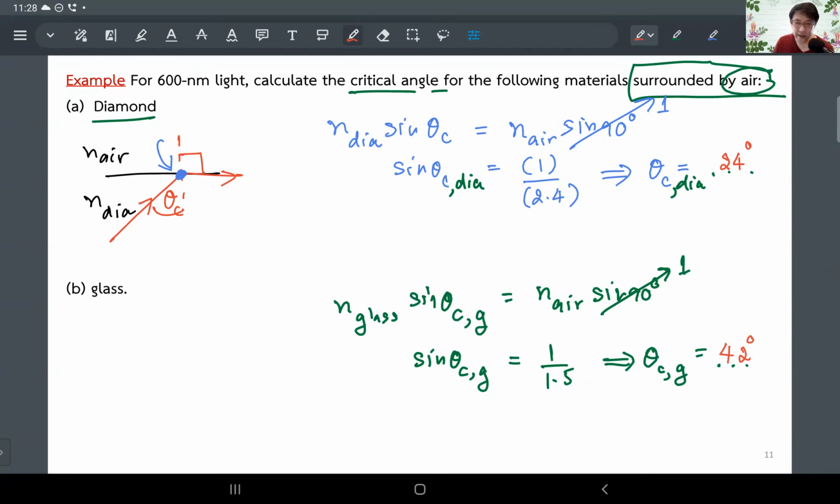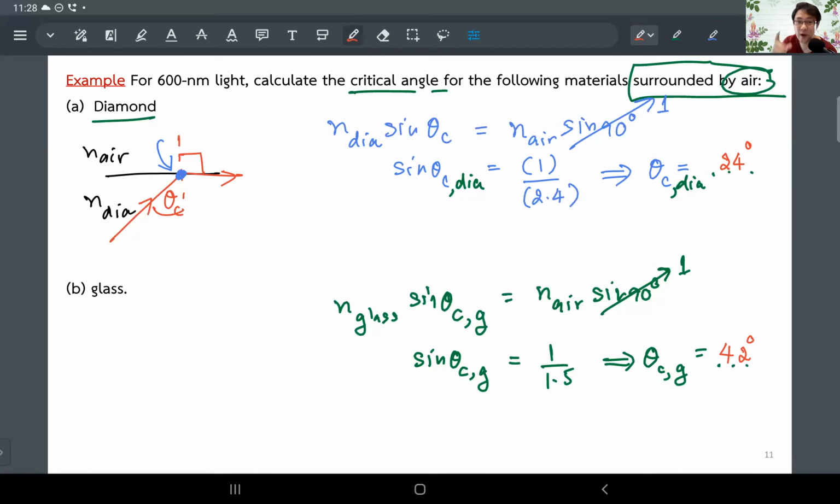So do these numbers tell you something about diamond and glass? For the diamond, the critical angle is only 24, and for the glass it goes up to 42 or so.